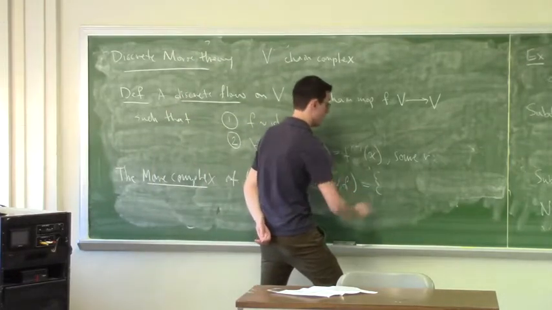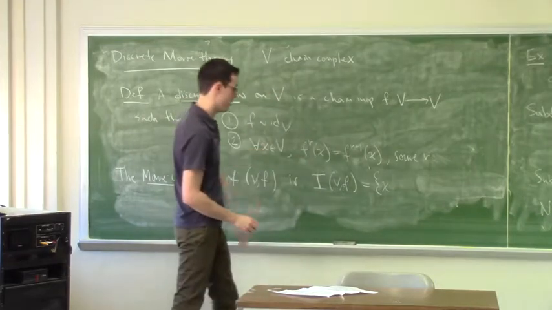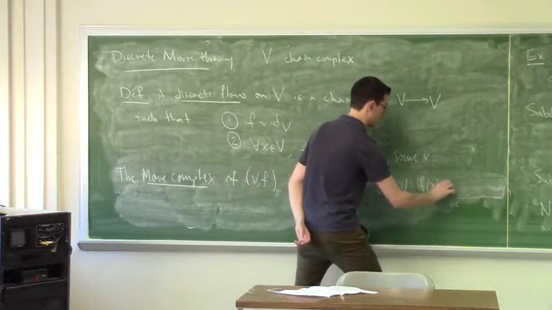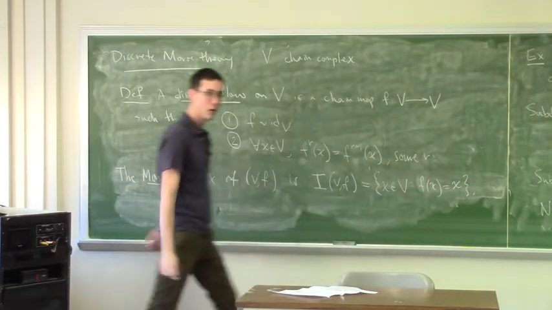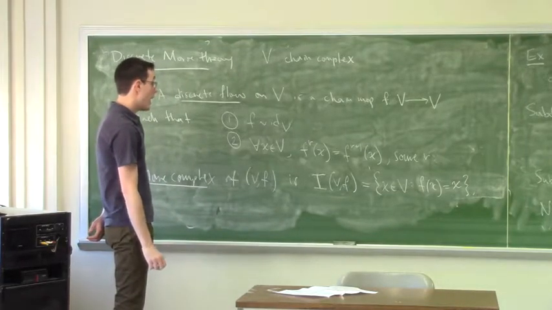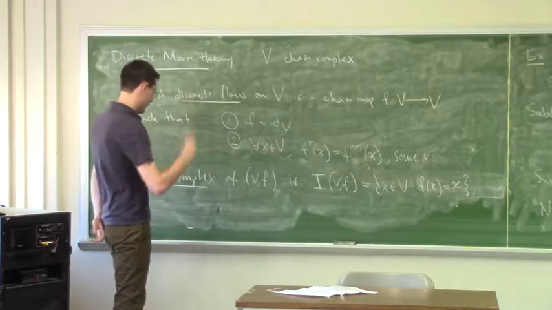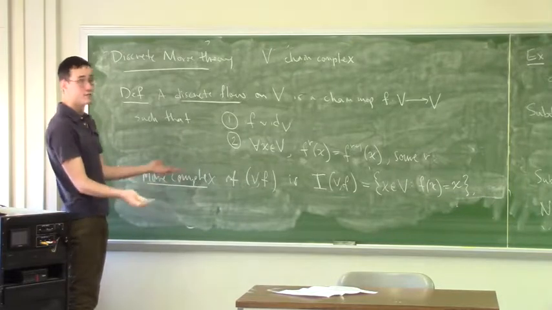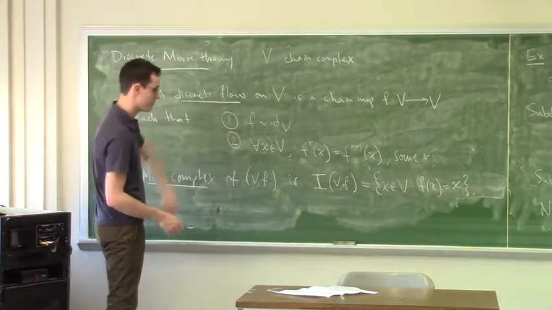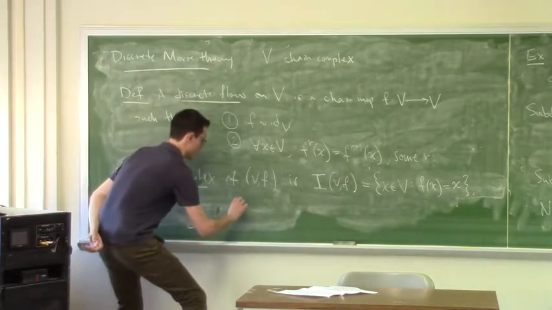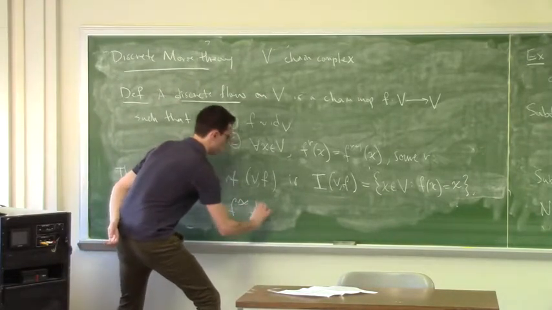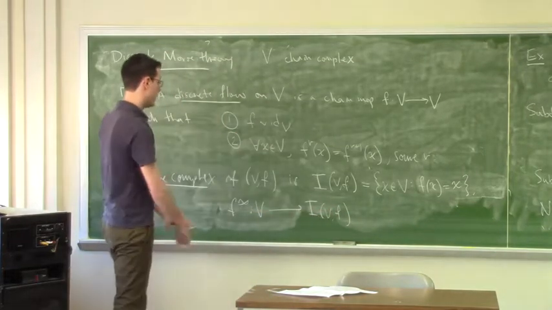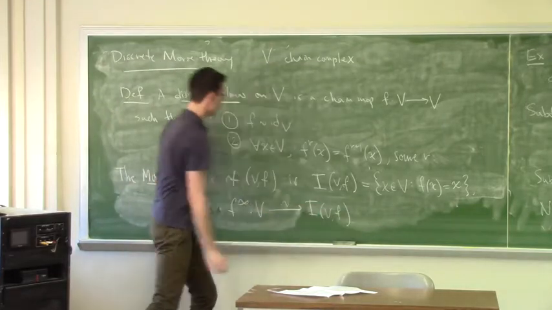And it's just the subcomplex of F-invariant chains. So it's the chains in V such that F leaves them undisturbed. And so we clearly, by the eventually stationary assumption, have a well-defined map F infinity, which is just F to the R for whichever R is appropriate. And that forms a chain map, F infinity from V to the Morse complex. And that map is a quasi-isomorphism by assumption 1.